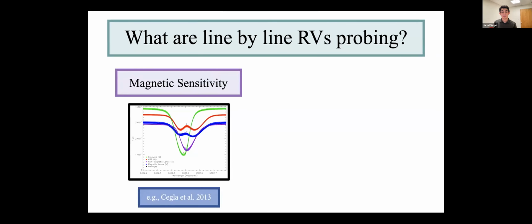Just to kind of highlight what those changes can look like, here I'm showing the results of MHD simulations of granulation from Siegel 2013. The green and purple line profiles are coming from regions in the simulation with relatively weak magnetic field strength. However, the blue and red line profiles are coming from regions with very strong magnetic field strength.